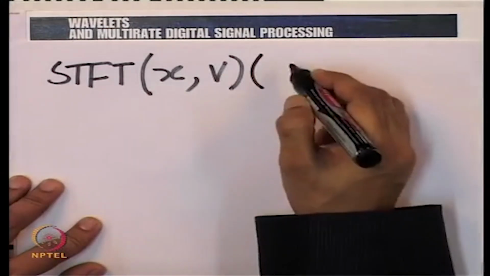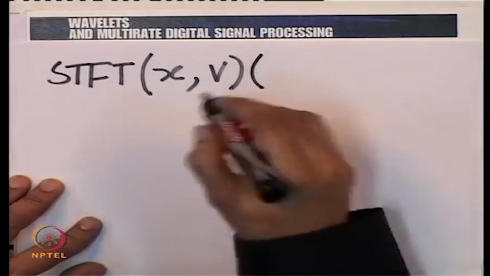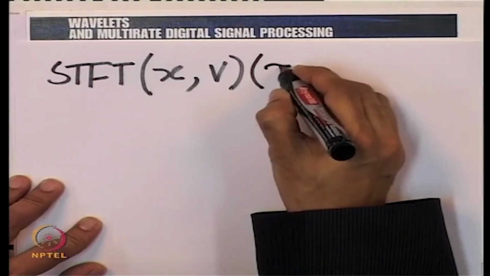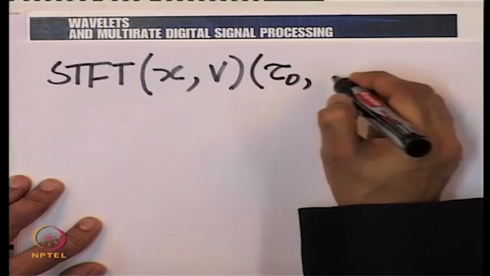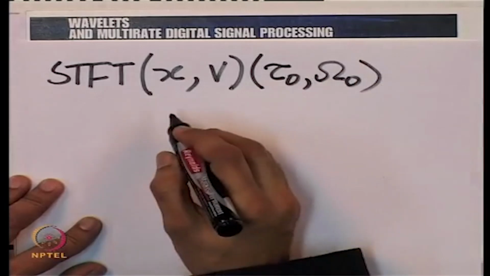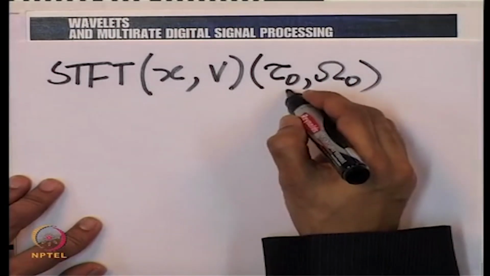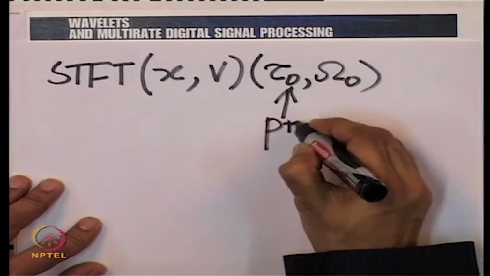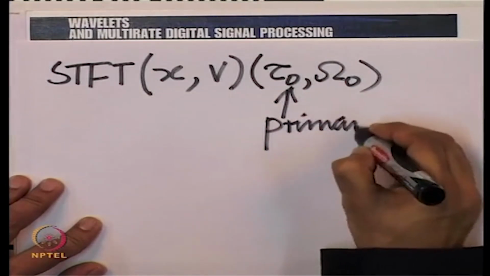But there is also a pair of arguments for this transform, which are the translation and the modulation arguments. So, these are, I would call, the so called primary arguments of the short time Fourier transform.